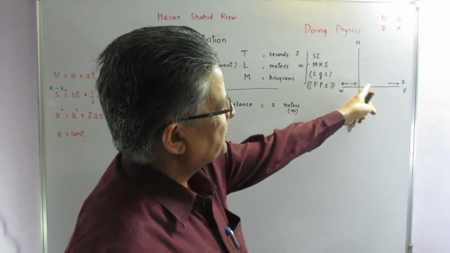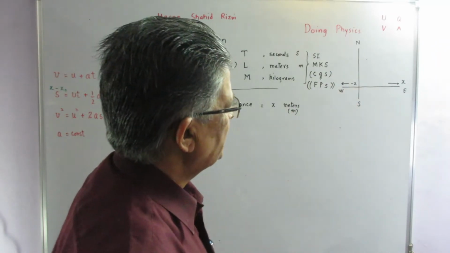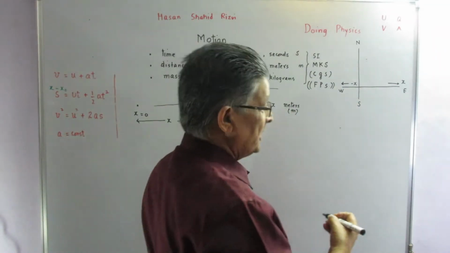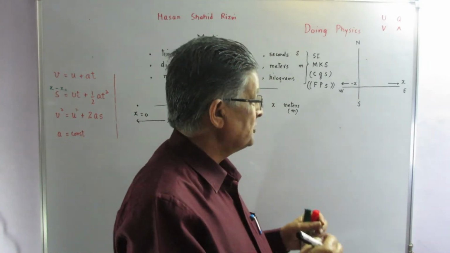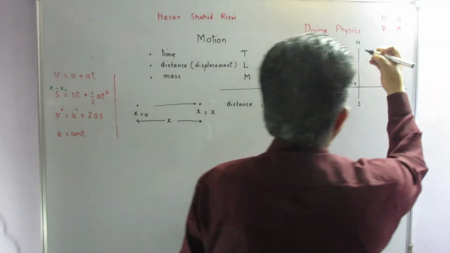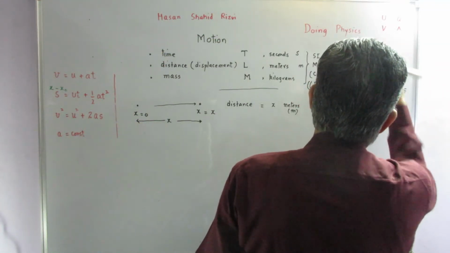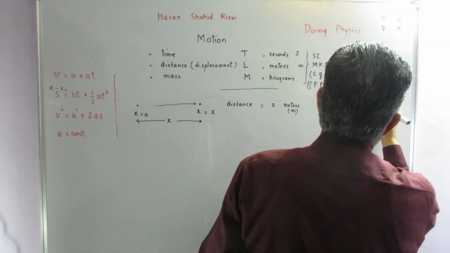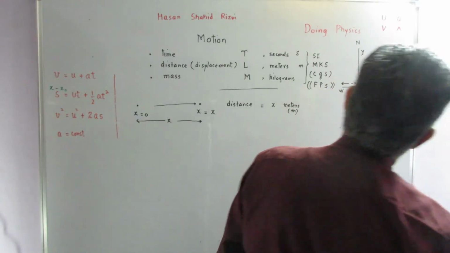And just perpendicular to it at 90 degrees, now I'm for the first time using the term axis, there is a y-axis and there is a minus y-axis.